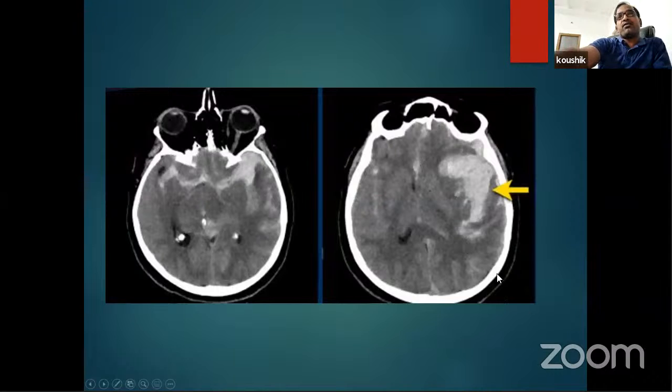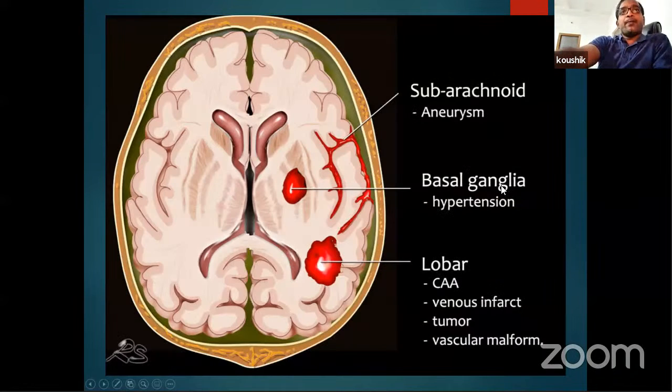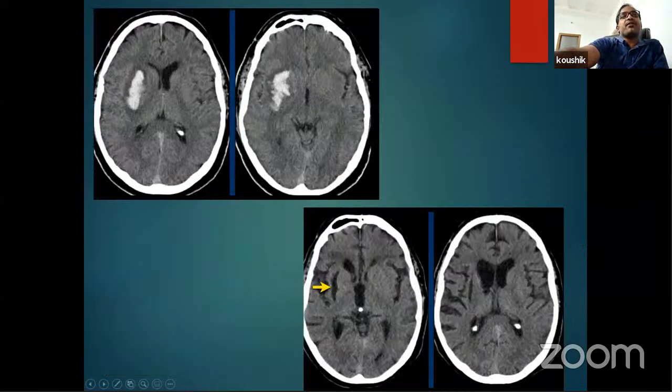Diffuse cerebral edema is there, and a lot of SAH. In most cases with this picture, we have an aneurysmal rupture, and the most common ruptured aneurysm giving this picture is the ACOM aneurysm. Then comes the basal ganglia. Here we can see a CT image showing an acute parenchymal hemorrhage in the right basal ganglia.